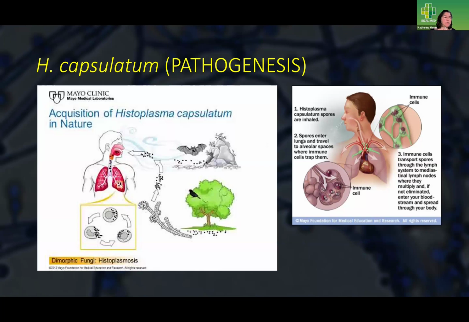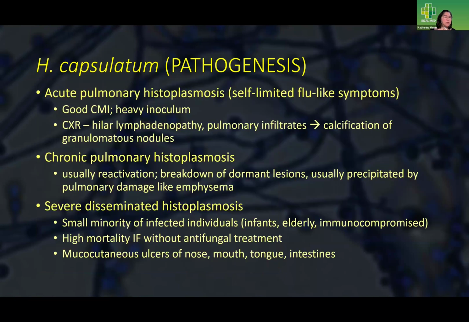In more than 95%, the resulting cell-mediated immune response leads to secretion of cytokines that activate macrophages to inhibit the intracellular growth of the yeasts. Individuals may present with acute pulmonary histoplasmosis, chronic pulmonary histoplasmosis, or severe disseminated histoplasmosis.